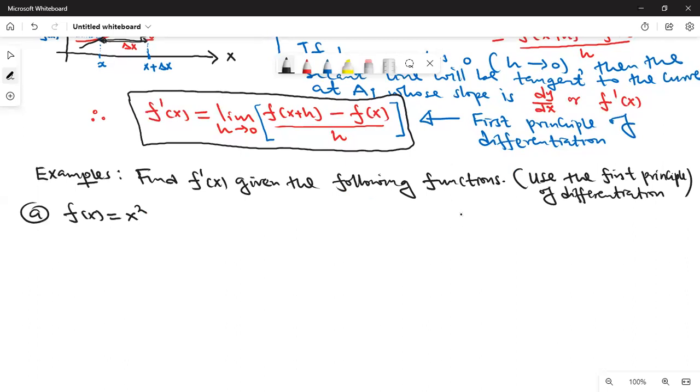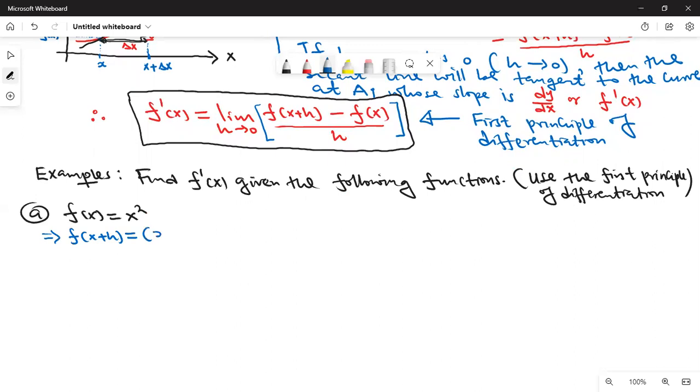Solution. Look at our formula. We need to know what is f of x plus h, and then we subtract f of x from it. So given f of x is x squared, this implies that f of x plus h will be equal to, where there is x in f of x, we are now going to replace it by x plus h.